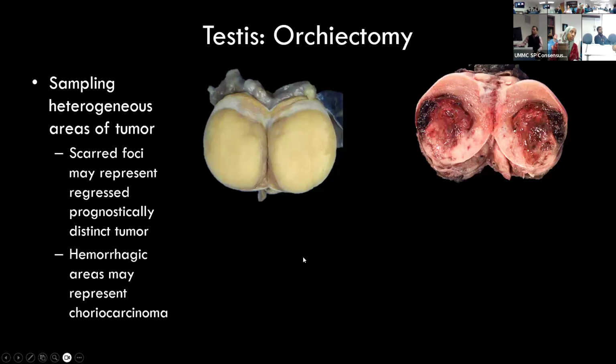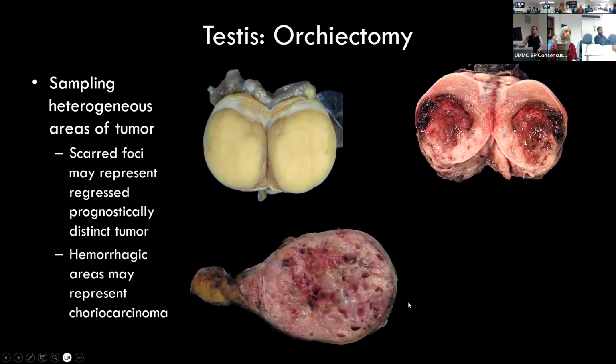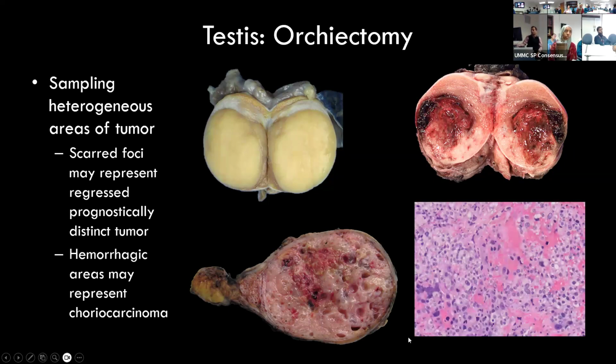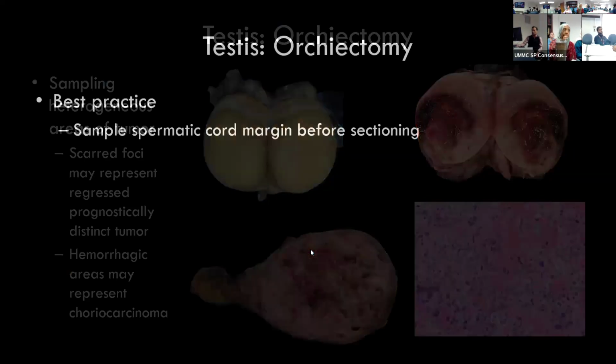Always sample. Don't omit sampling areas like this because you think it's probably just necrotic or not going to be useful for diagnosis. These are the areas that often tend to be spotty hemorrhagic areas, probably areas of choriocarcinoma, because those tumors tend to be quite hemorrhagic.